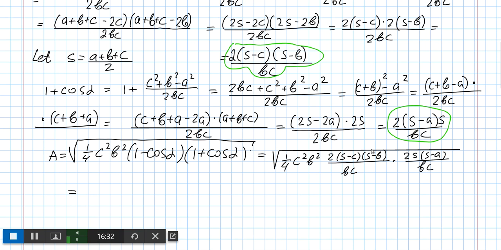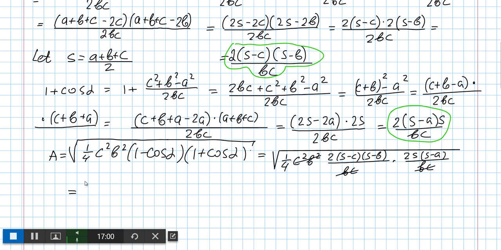So what we get is that in the numerator we have c square b square, and in the denominator we have bc times bc, which is the same b square c square. So b square c square I cancel, and also in the numerator I have 2 times 2, 4, and multiplied by 1/4 gives me 1.